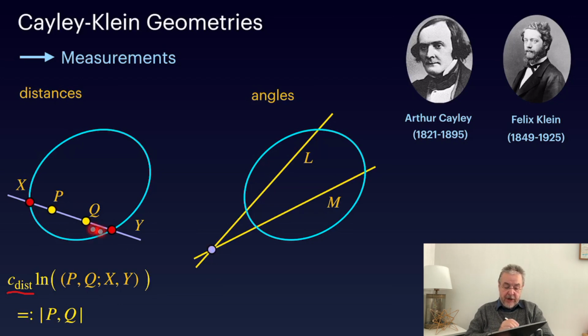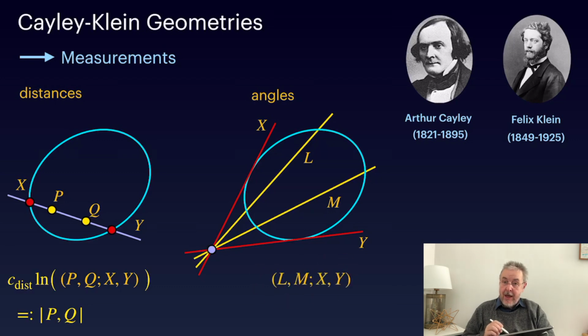As we took the join here, we take the meet here. Instead of taking the two intersections with the conic here, we take the two tangents, which is the corresponding dual concept. Now you have 4 lines through a point, and you can calculate the cross ratio.